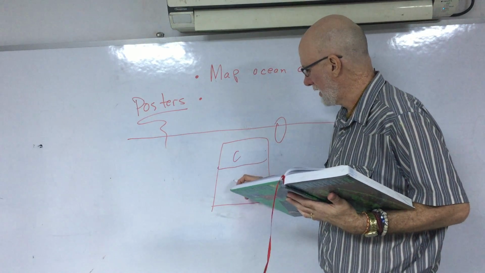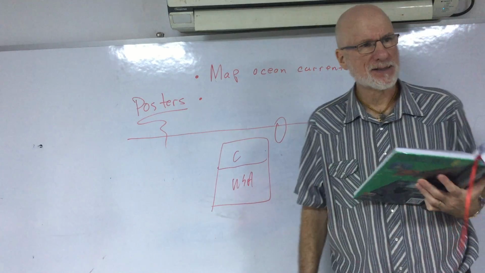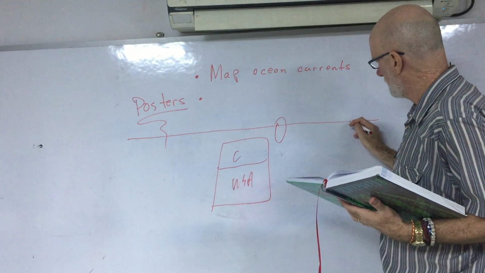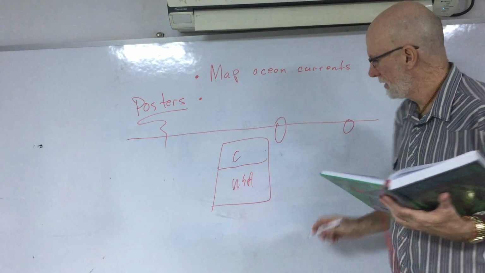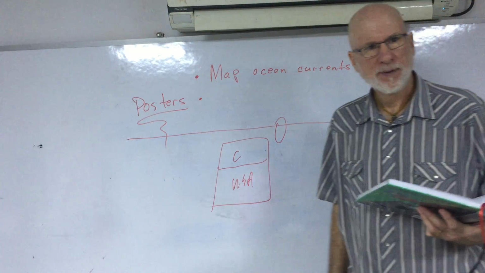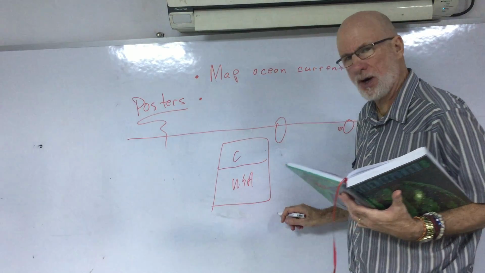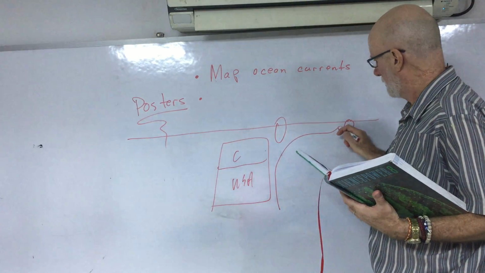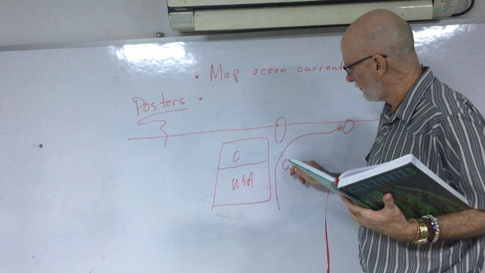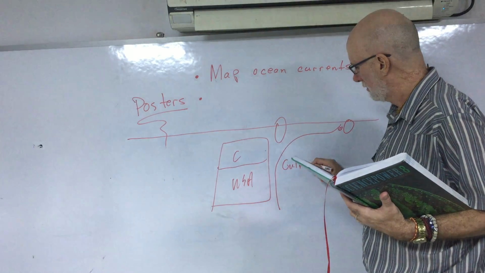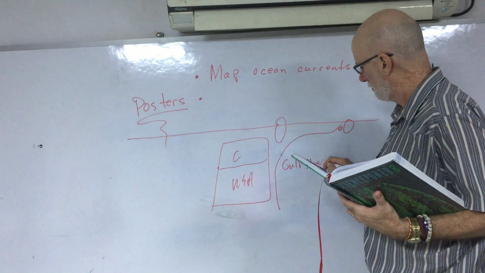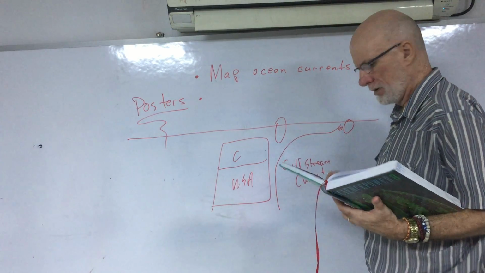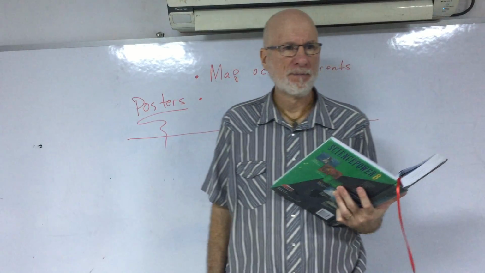Here's Canada, the United States. Clear? And over here is England and Ireland. Clear? Now, there's a current that goes like this. Okay? And that's called the Gulf Stream current.